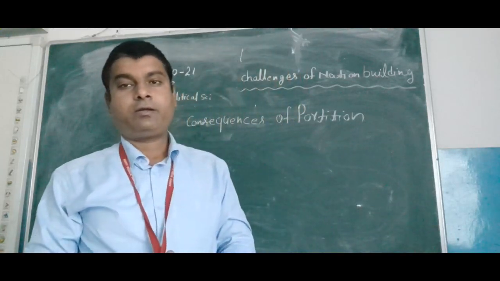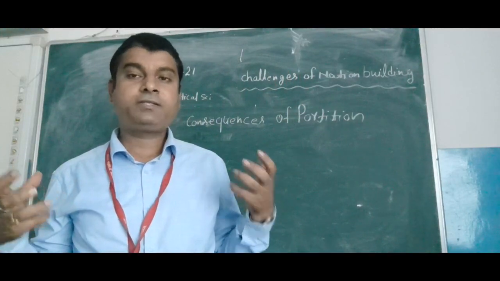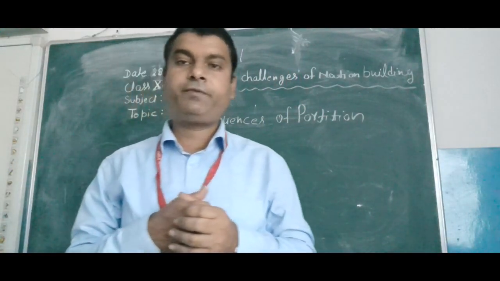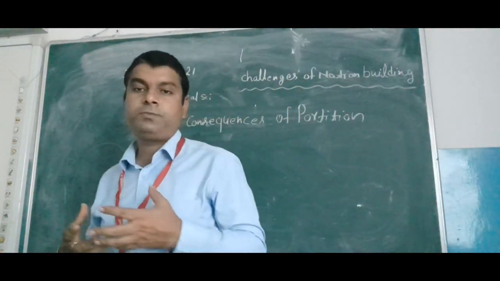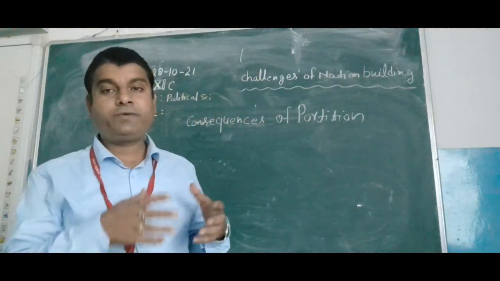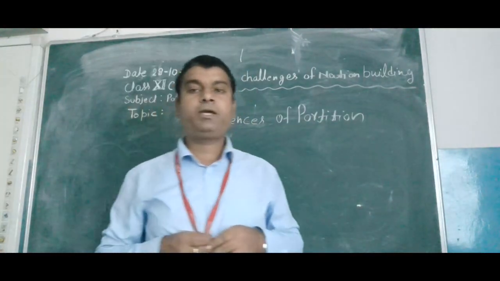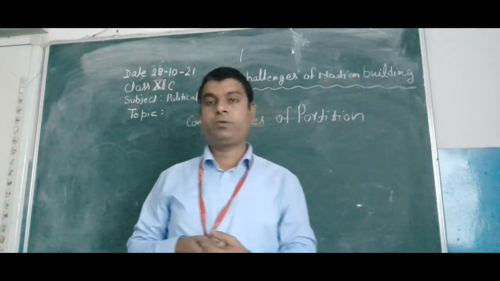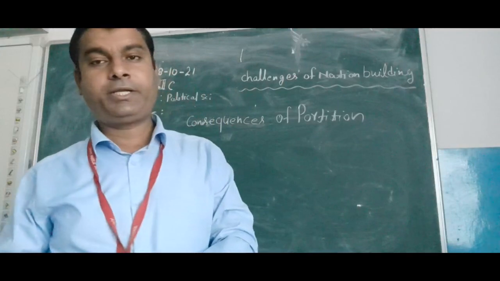And both countries faced migration. A large population migrated from one part of the country to another. Most of the Muslims went from India to Pakistan, and most Hindus and Sikhs came from Pakistan to India. So this was a big transfer of population. Nearly 80 lakh people were transferred from one territory to another.